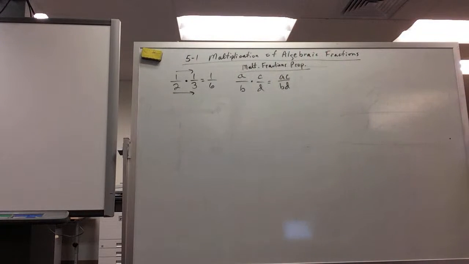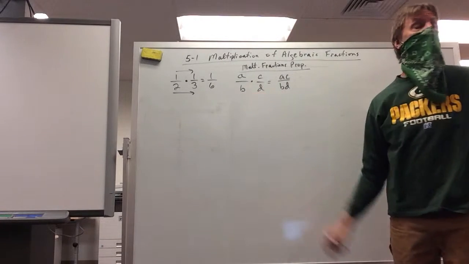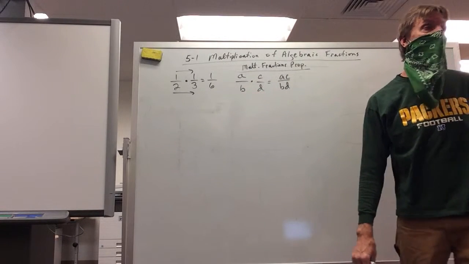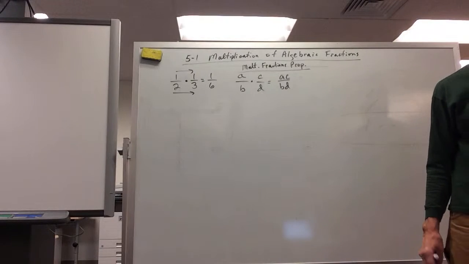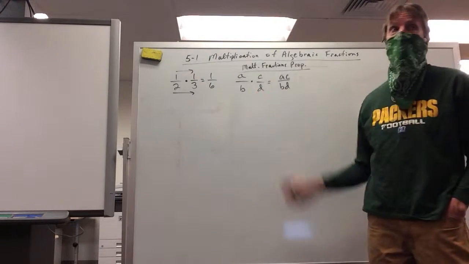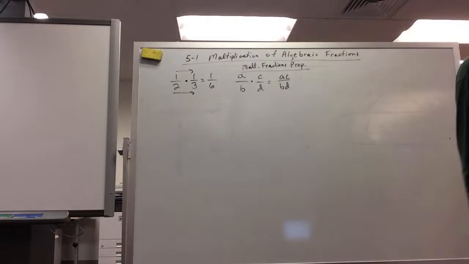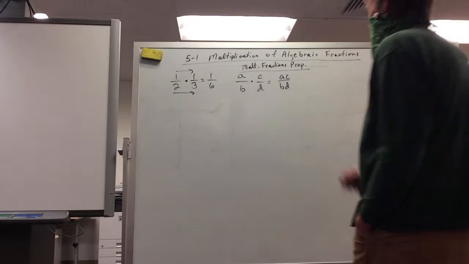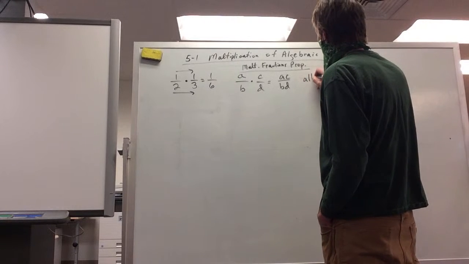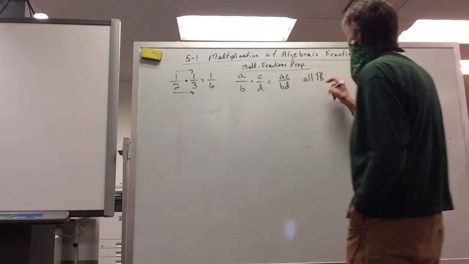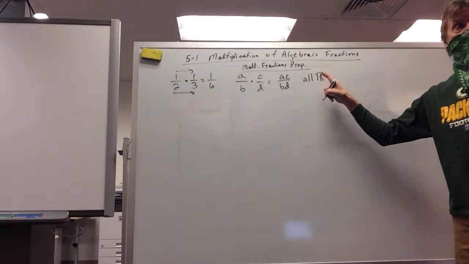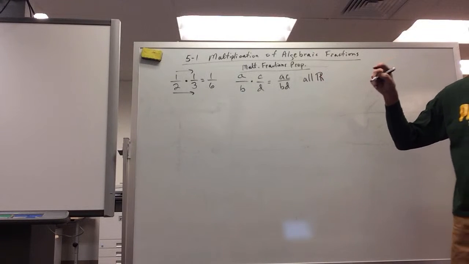All real numbers except these, which will never be 0 because fractions can't have a denominator of 0. So this works for everything as long as B and D are not 0. The way they write this is they say all real, so this double-barred R means real numbers.